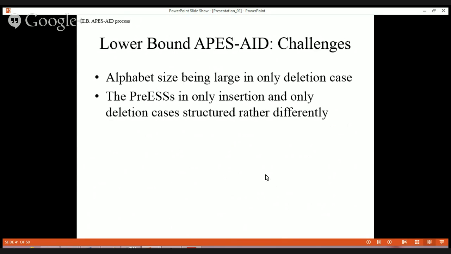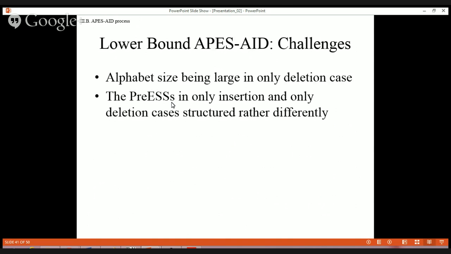However, when we mix insertions and deletions, the problem becomes more challenging. The first reason is that in the only deletion scenario, the alphabet size is at least n, where n is the block length.